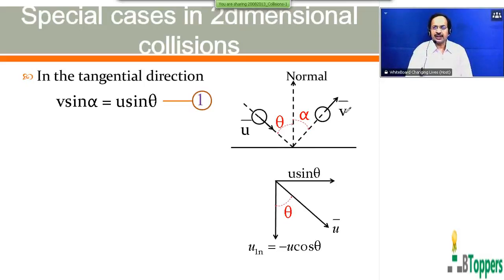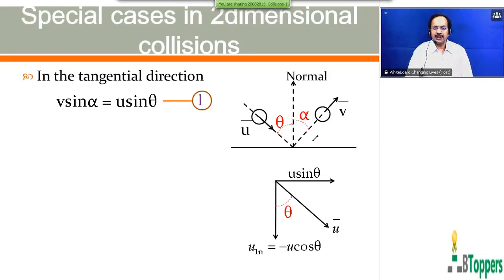The velocity v bar can also be resolved into two rectangular components along the normal to the plane and tangential to the plane. The component v cos alpha acts along the normal to the plane. The component v sin alpha acts tangential to the plane. In my next slide, I will show the diagram showing the components of v bar.